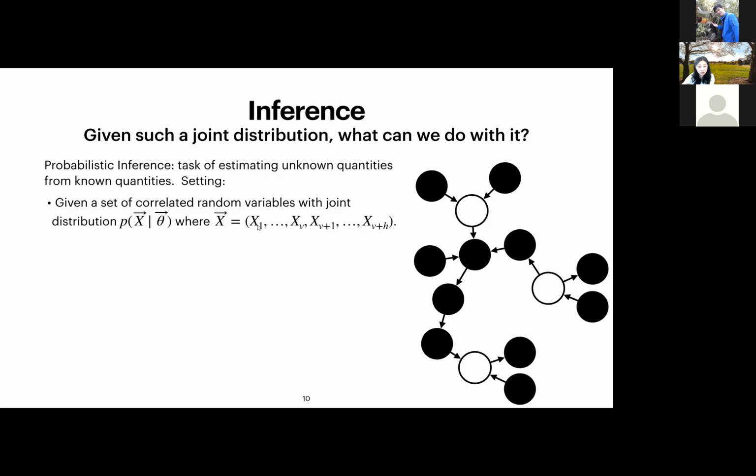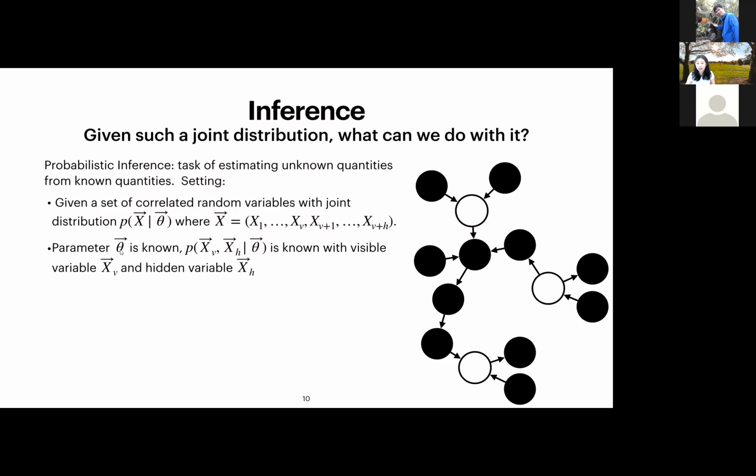So x1 through xv are the observed ones, and xv+1 through xv+h are the hidden ones. These are the black ones and these are the white ones. Because I said this is inference, your model is known, that means your joint distribution is known, and therefore the theta that is characterizing your joint distribution is also known.